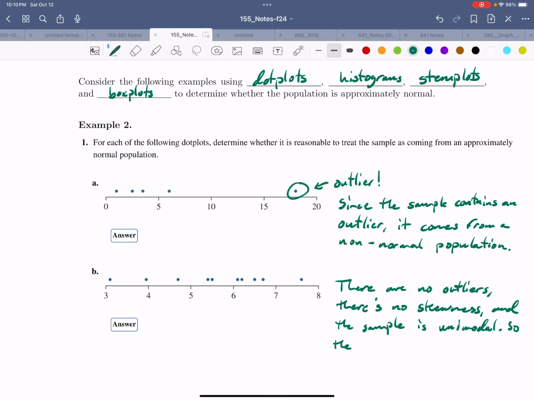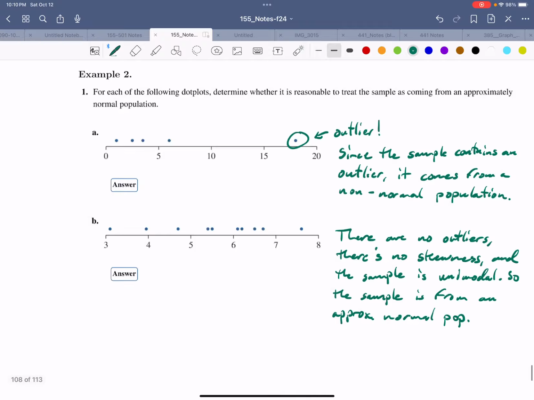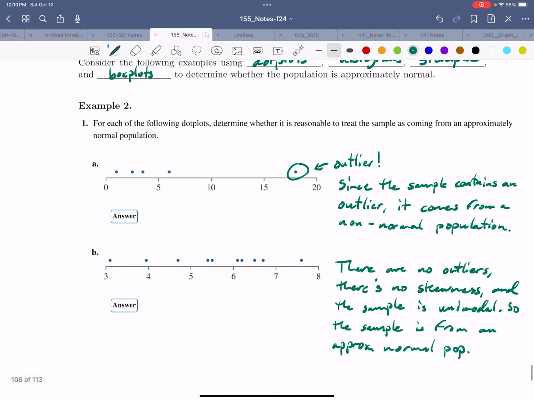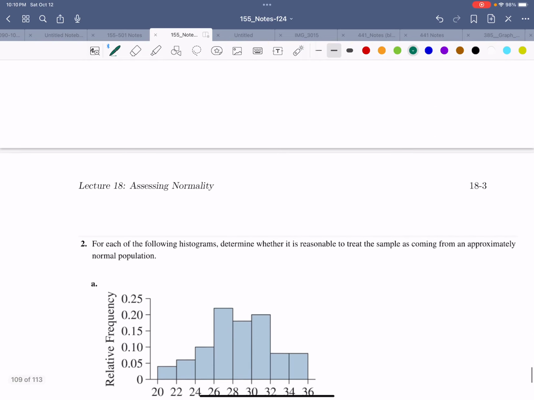So the sample is from an approximately normal population. That's all we're saying. I guess I didn't even need to leave all this space, but that's what we're doing.